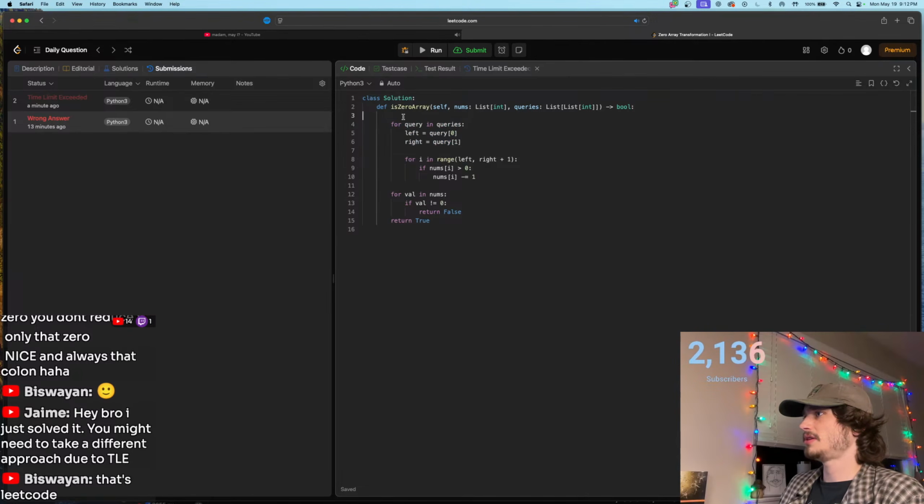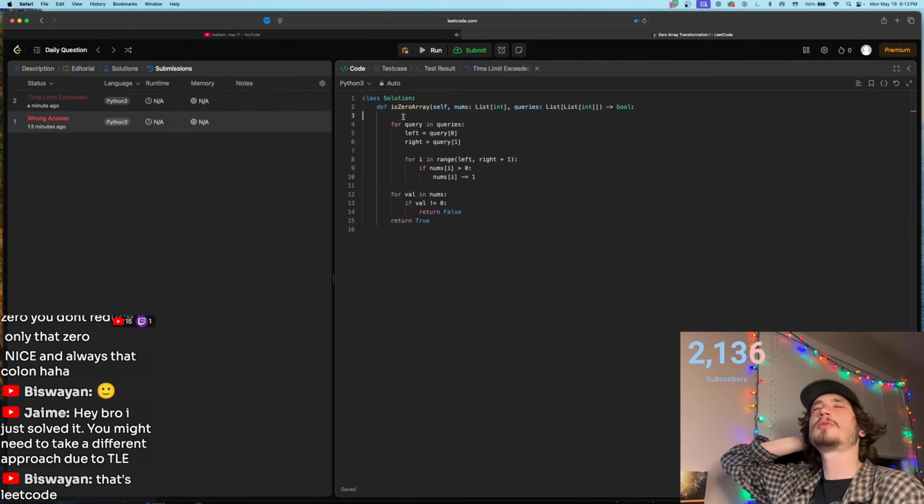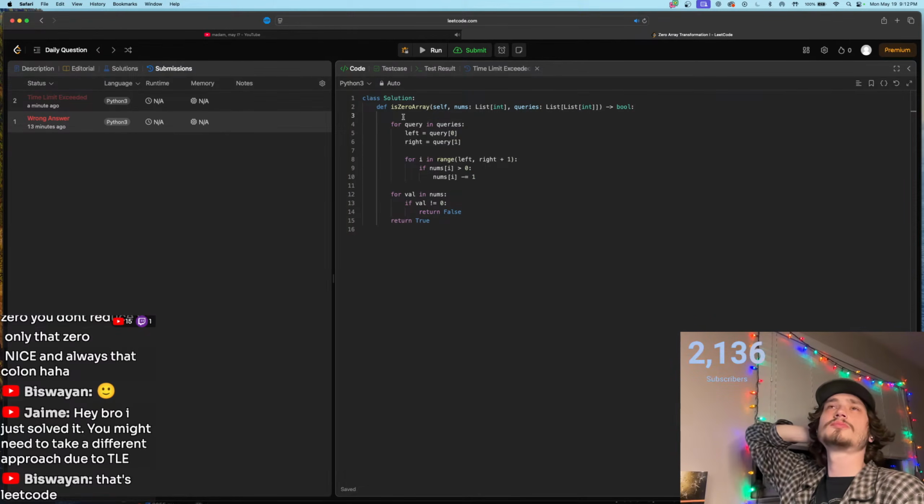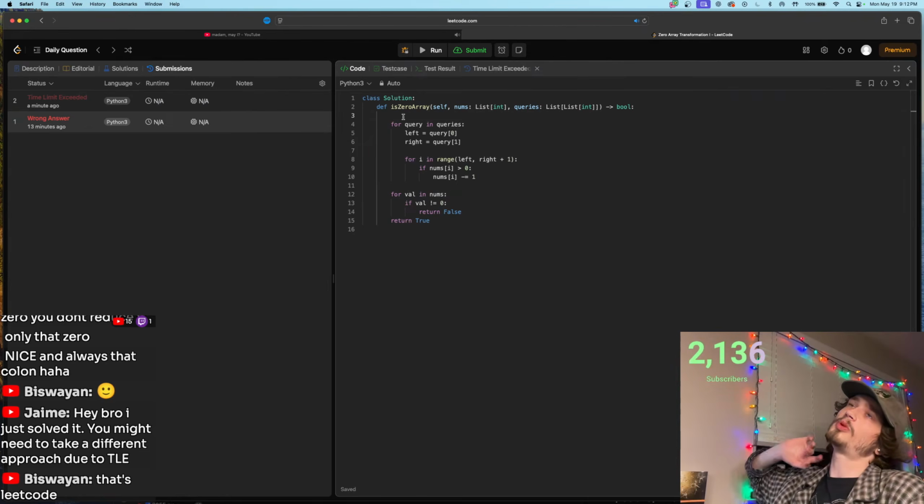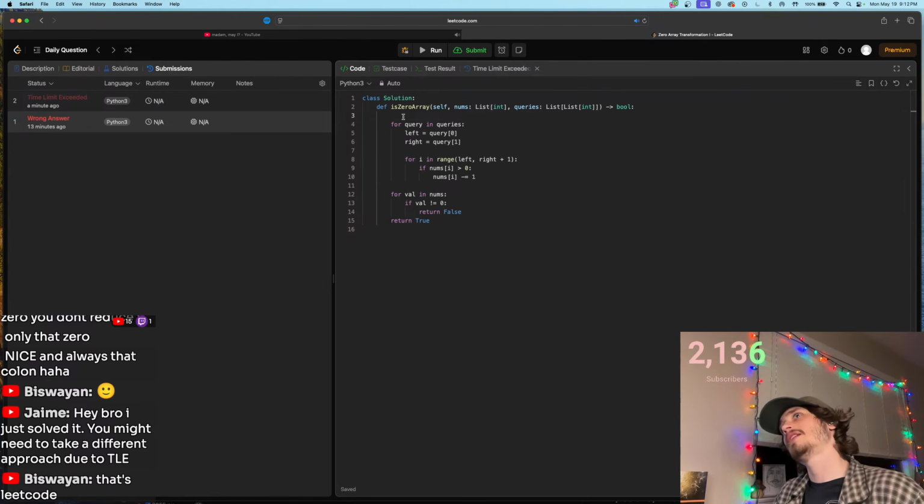But if we've already seen a query and the section is all zeros, so I guess I could have a set for seen queries, or a dictionary mapping, and then map a boolean of true or false to the value, saying that if the query already has all zeros in it, it's true.